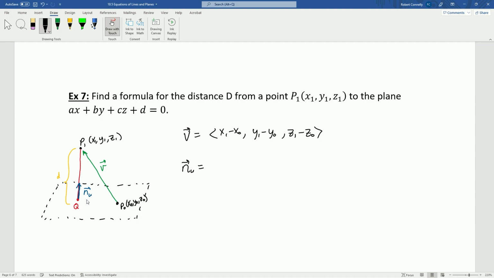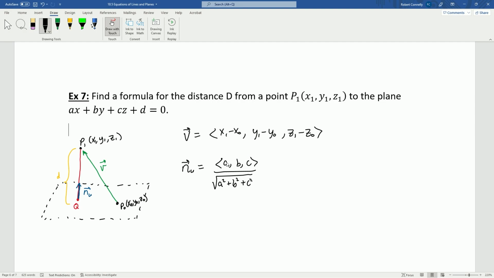We also have this normal vector, which we're going to say has direction ABC. And therefore, the unit normal vector for this plane will be ABC divided by its magnitude, which is the square root of a squared plus b squared plus c squared. So the normal vector would be ABC, but our unit normal vector is just that divided by its magnitude. Having this have magnitude 1 is going to let us make sense of the next key step here.